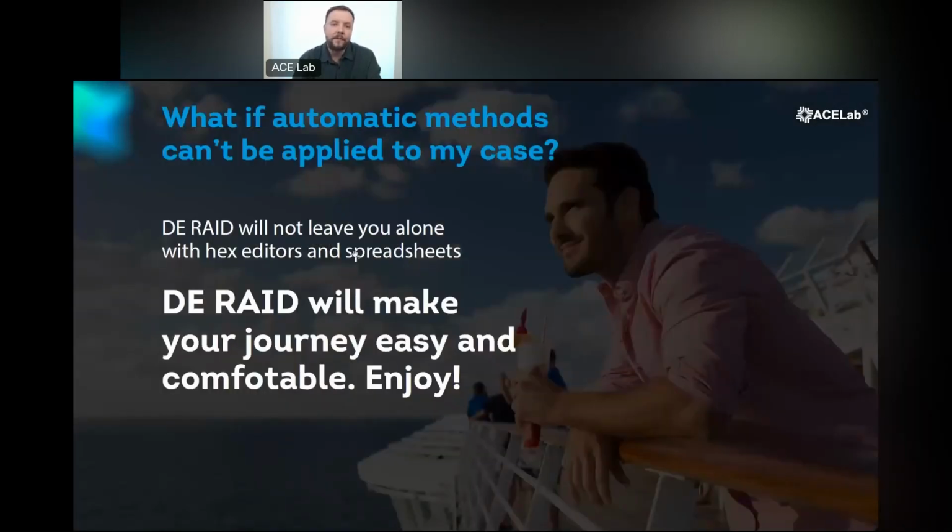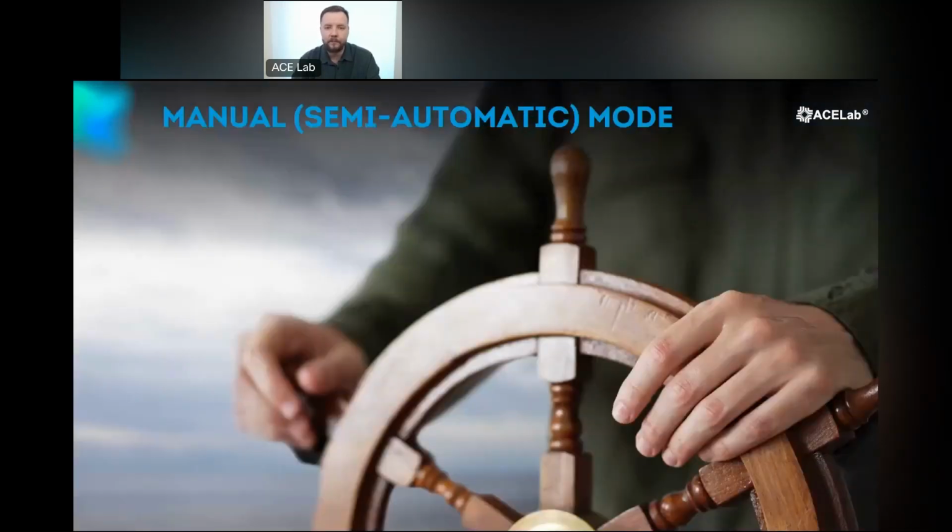So what if automatic methods don't work? What should we do? Go back to the conventional way, to hex editors, to spreadsheets, and so on? No. Data Extractor provides you with the next method, the manual or semi-automatic method. And let's discuss.